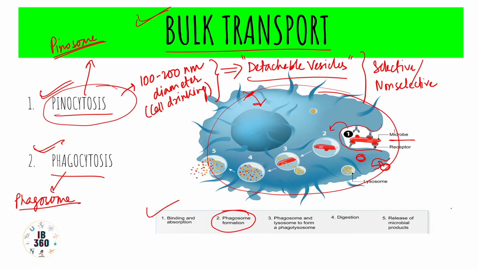Now, how is the lysosome involved in the process, you see. As the phagosome is fusing with the lysosome, it is forming a digestive vacuole. So this is the digestive vacuole, which is also called a phagolysosome.